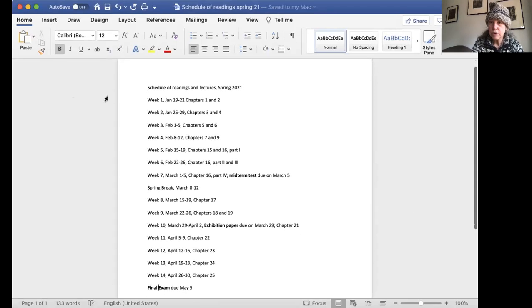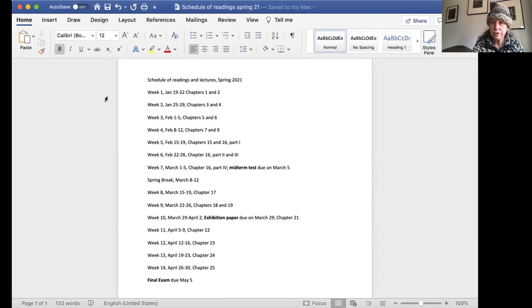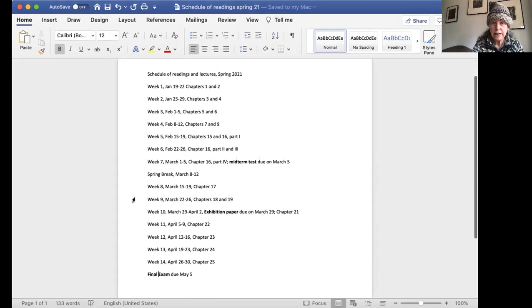Okay, so in the content under the schedule of readings module is a schedule that we're going to follow this semester. And it tells you every week what to read. And there'll also be lectures about that chapter, but expanding on that chapter. There'll be things in the lecture that are not in the text, but it'll be a lecture about chapter 1 and a lecture about chapter 2.